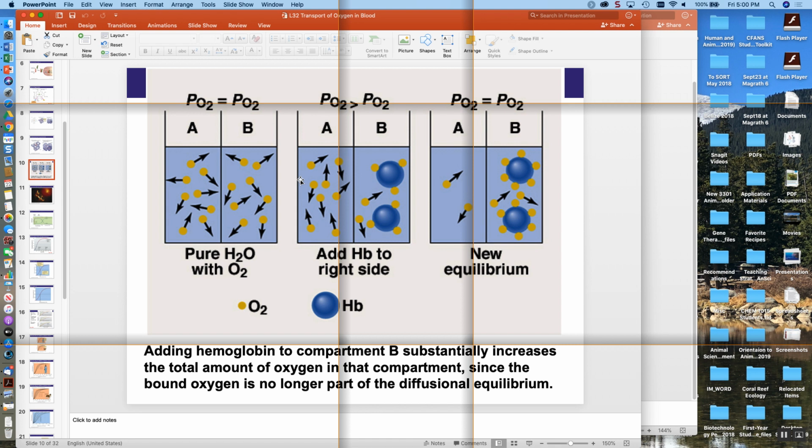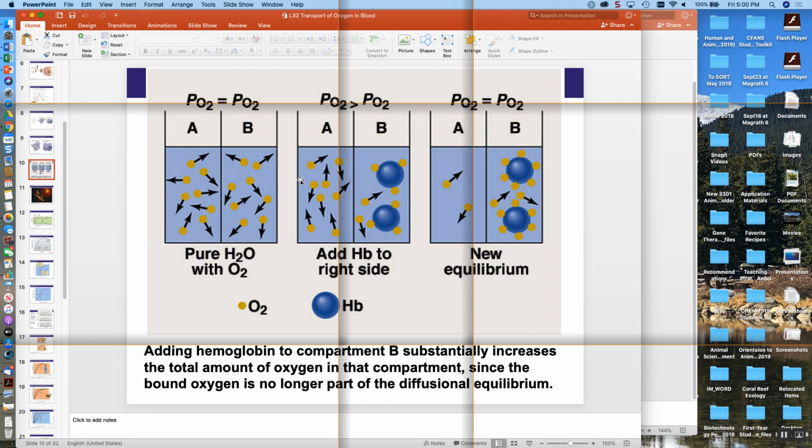What you're looking at is the dissolved oxygen in these compartments. Once you add the hemoglobin molecule and oxygen binds to hemoglobin, notice that the partial pressure drops. Now you actually have a driving force for the net movement of oxygen to go to the next compartment until the partial pressures actually equilibrate.